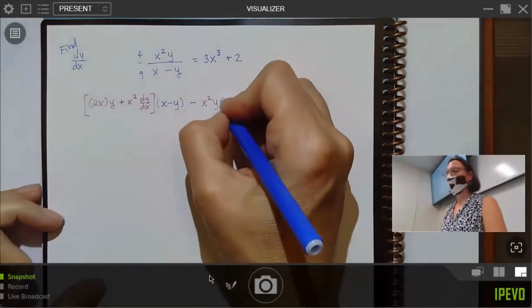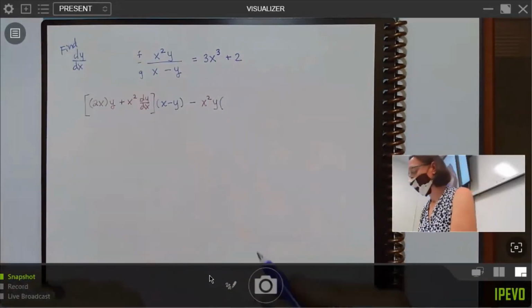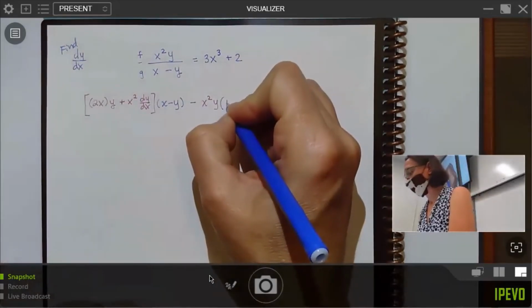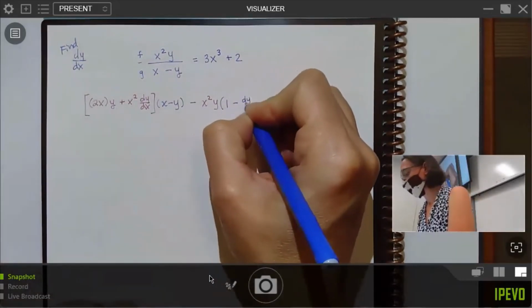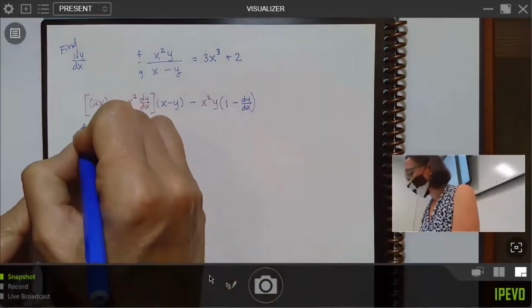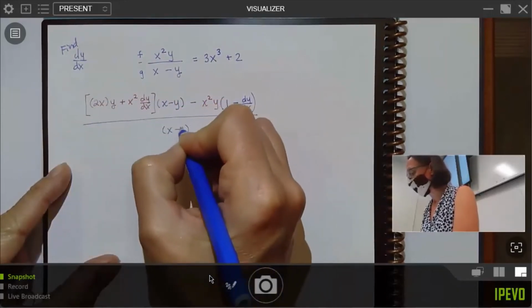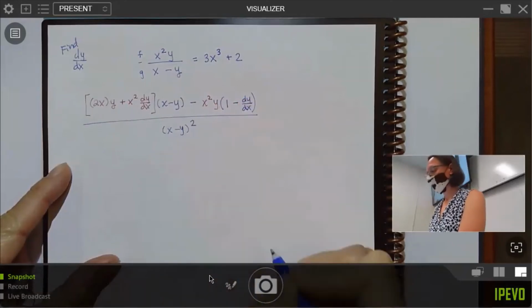And we do want to be careful when we take the derivative of the bottom. The derivative of x is 1. So I'm going to get 1 minus dy/dx. That whole thing is over the bottom, sorry, it's minus y squared.